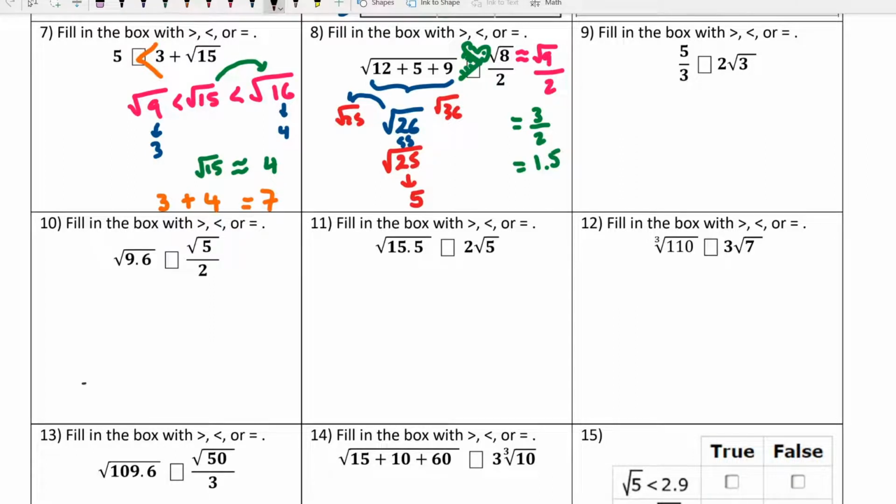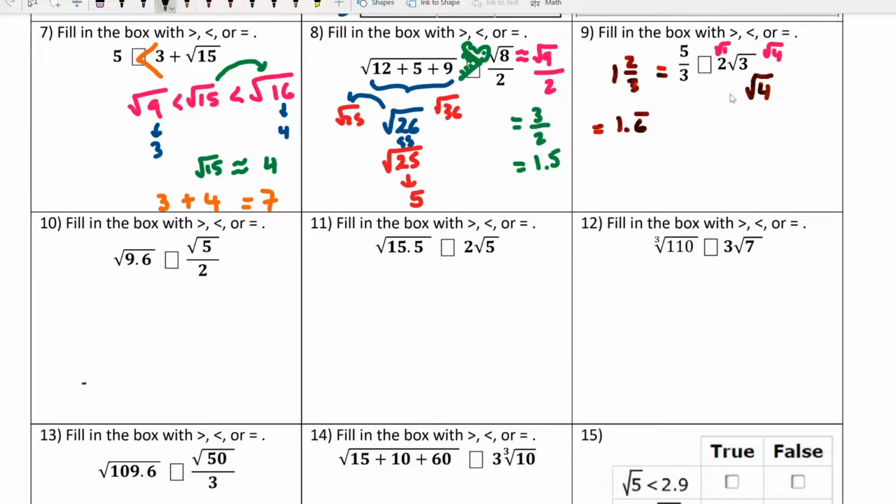Alright, number 9. 5 divided by 3 will be 1 whole and 2/3. That is about 1.6 with the repeating bar. Then 2 square root of 3. The nearest perfect square to 3 is 4, since 3 is between 1 and 4, and the closest one is 4.